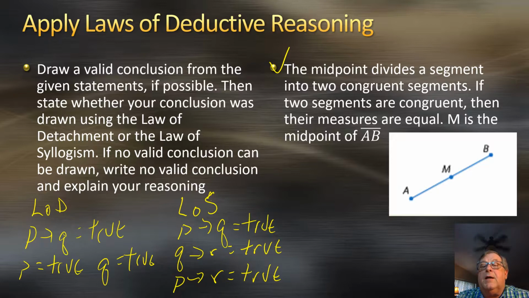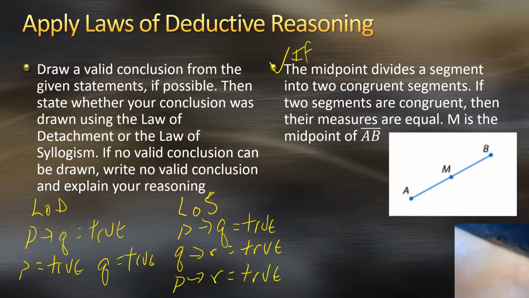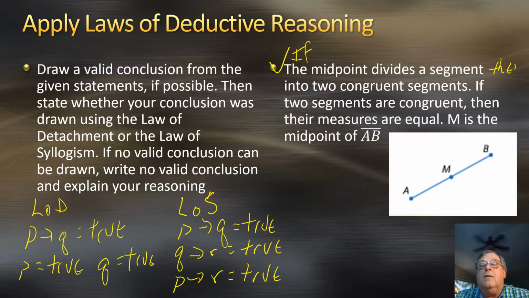It would read: if the midpoint divides a segment, then the two segments are congruent, changing that language just a little bit.